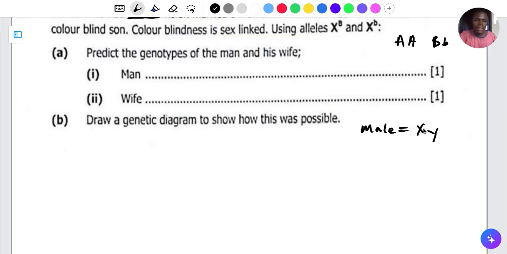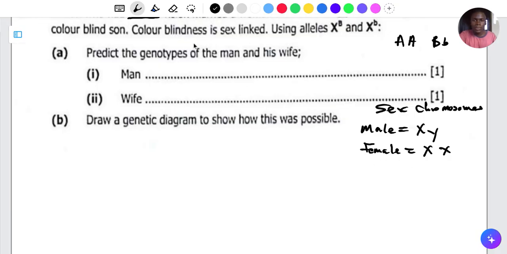That is the difference between X and Y. Then for the female, we are talking about sex chromosomes, right? For the female, we have X and X. That is one thing that you need to know.